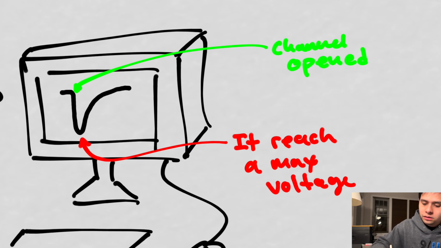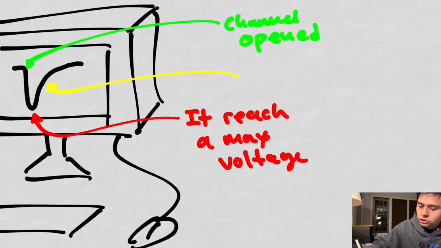And then at this point, it starts to close. So the voltage starts to re-equilibrate, and there is a closing of the channel. So the channel closes.